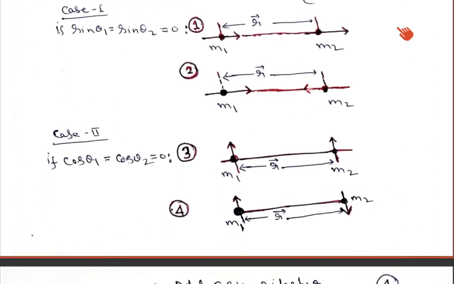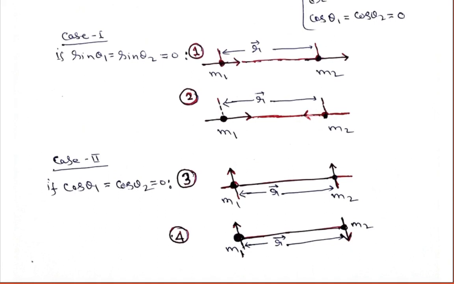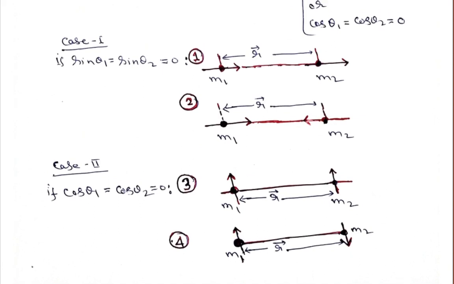Similarly, if we consider the second case, the second case is that cos theta 1 is equal to cos theta 2 is equal to 0.